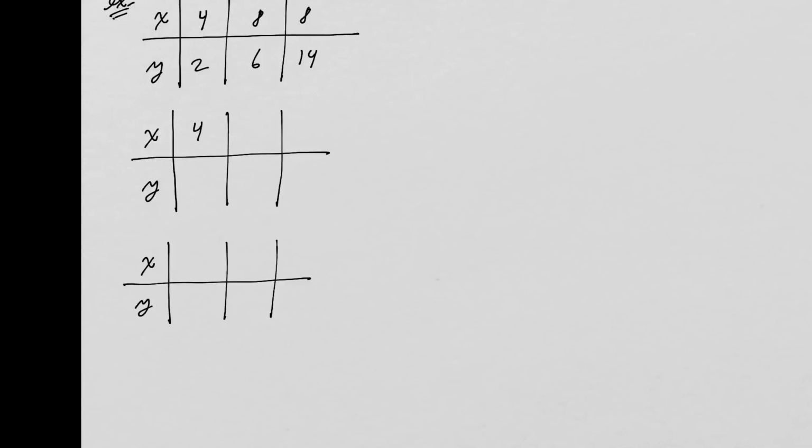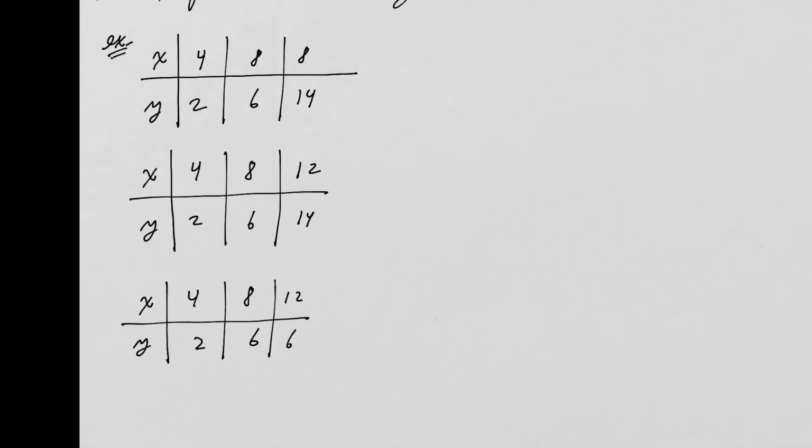The second one is 4, 8, 12 and 2, 6, 14. And the third is 4, 8, 12 and 2, 6, 6. Given those three tables, I want to classify them. First of all, all of them are relations, because you can think of them as a set of ordered pairs. However, which ones represent functions? And if they do, do they represent a one-to-one function?